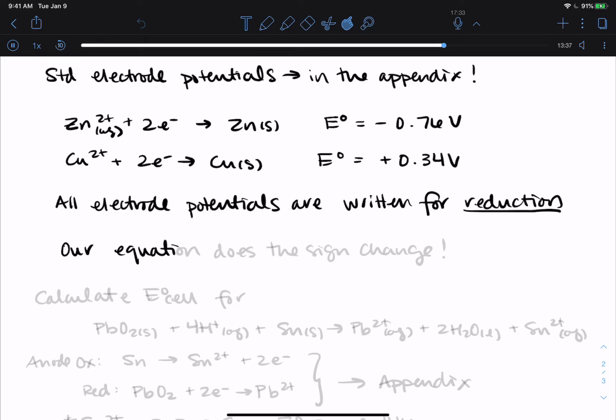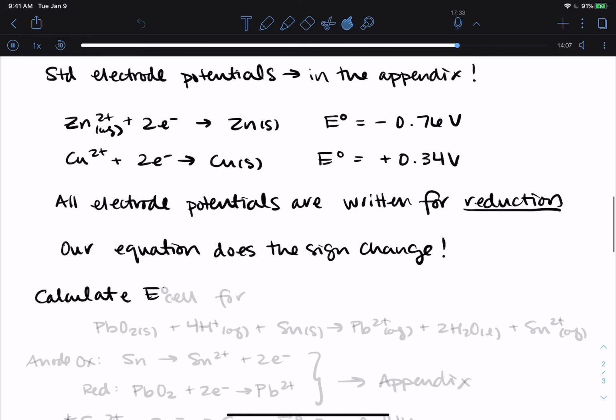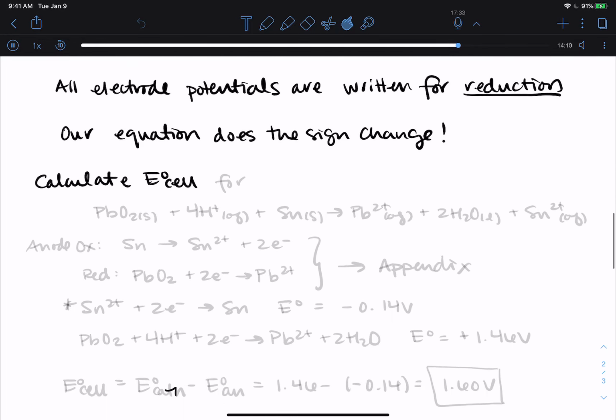And we are going to look at an example of this. So our equation does the sign change. So all you have to do is find the value for the correct reaction and plug those numbers into the cathode minus anode equation.